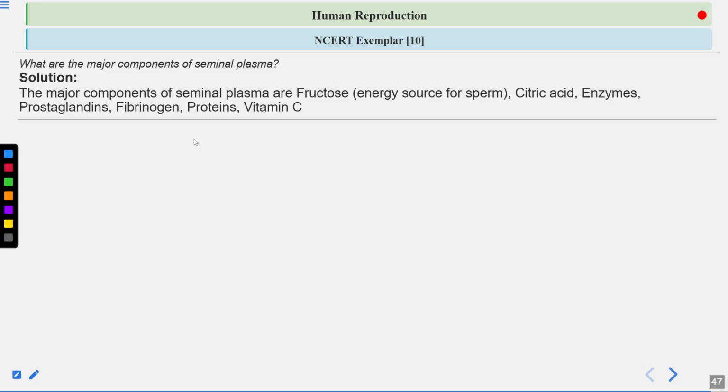Fibrinogen is present. Then some proteins are present, and vitamin C is also present. So these are the major components of seminal plasma. Okay, you can also write these are the components of semen also, because seminal plasma is the major component of the semen as well.